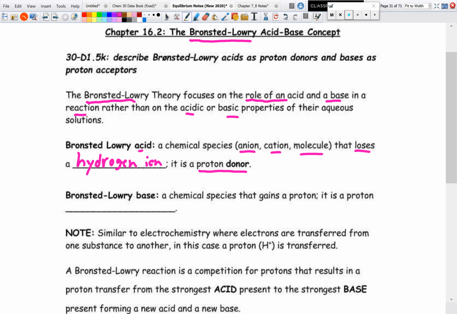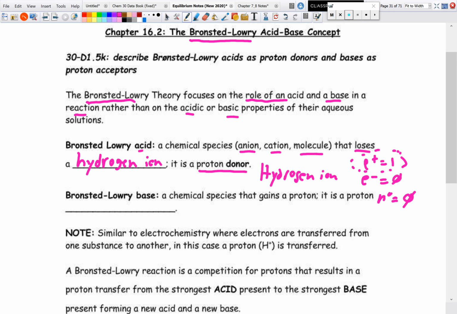So the reason it's called a proton is because a hydrogen ion has 1 proton, 0 electrons, and 0 neutrons. So that is why the hydrogen ion is normally considered a proton, just because it only has the positive proton inside of its structure.